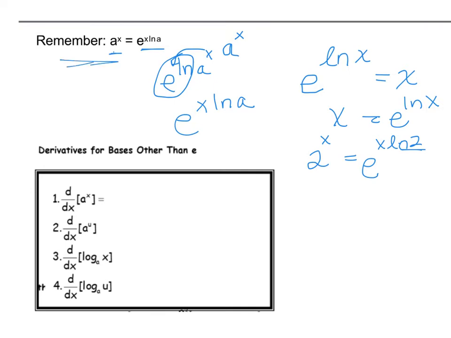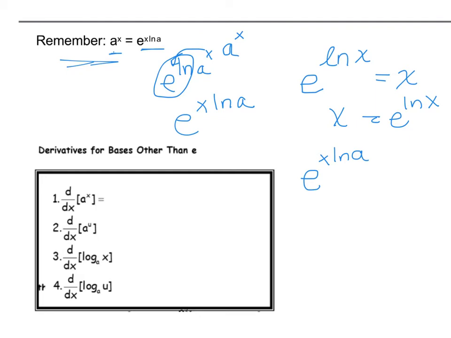All right, so now if we start doing derivatives, we're going to also use this concept. I'm going to make myself a little room here. Okay, so here I have the derivative of a to the x. I'm going to write that as e to the x natural log of a, and I take the derivative of that.